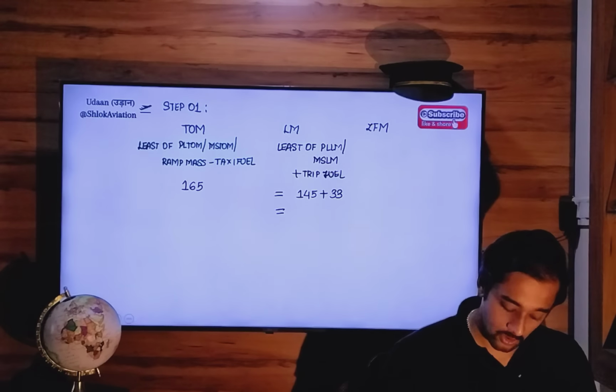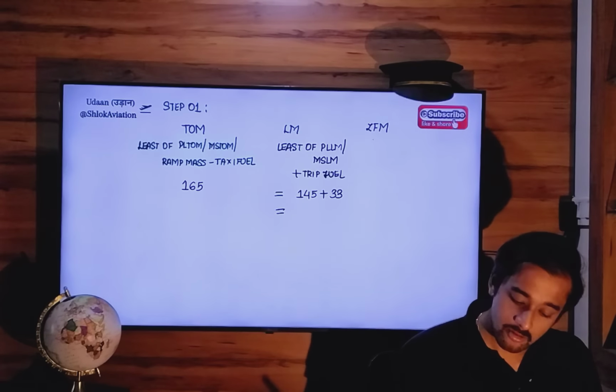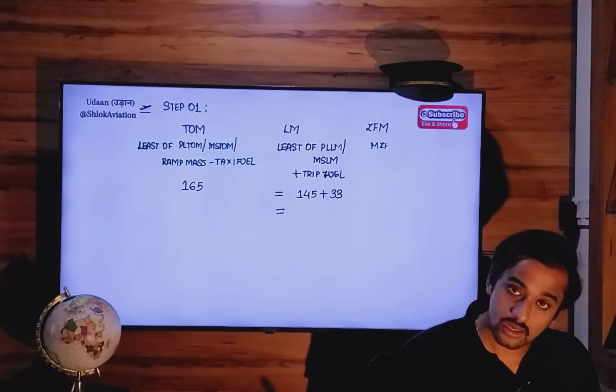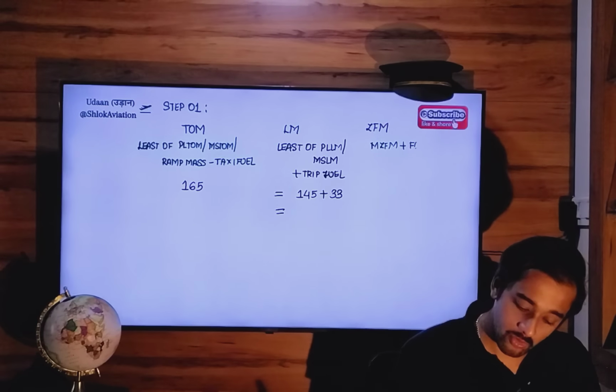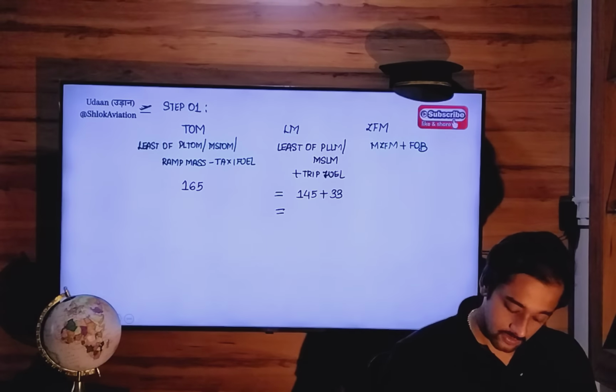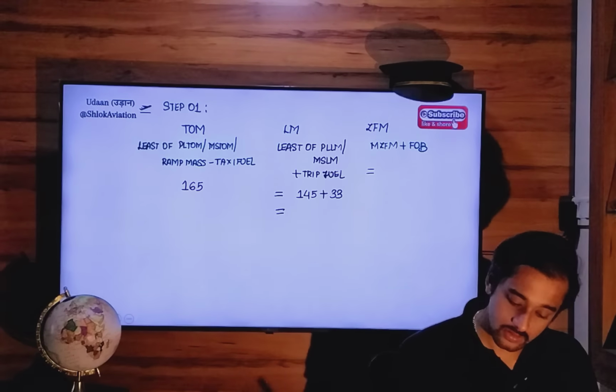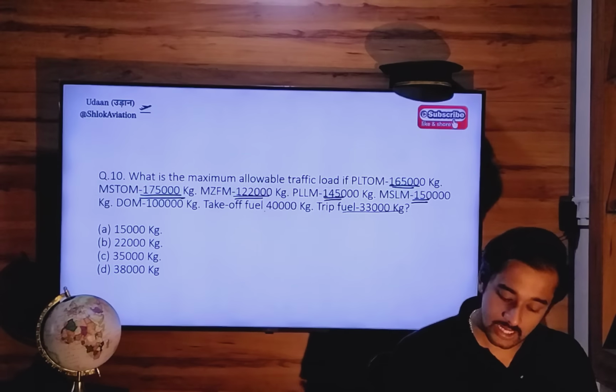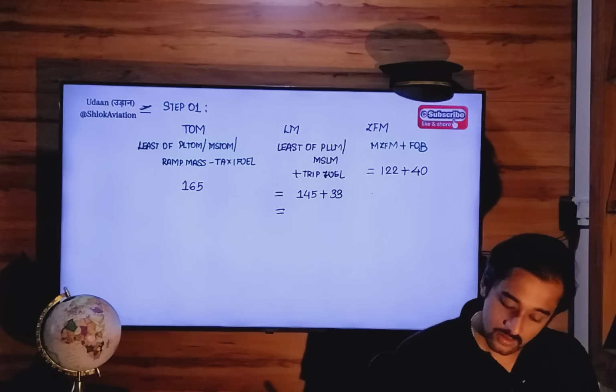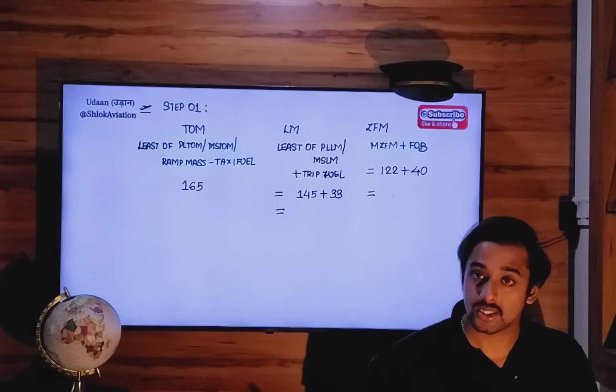Zero fuel mass. The formula will be maximum zero fuel mass plus fuel on board. So that will be equal to maximum zero fuel mass 122. Fuel on board will be equal to 40,000 or 40. That will be equal to 162.